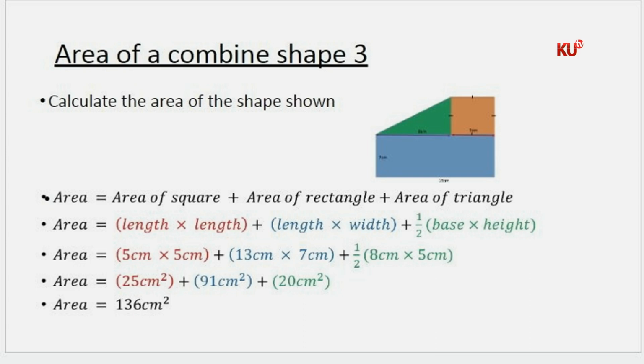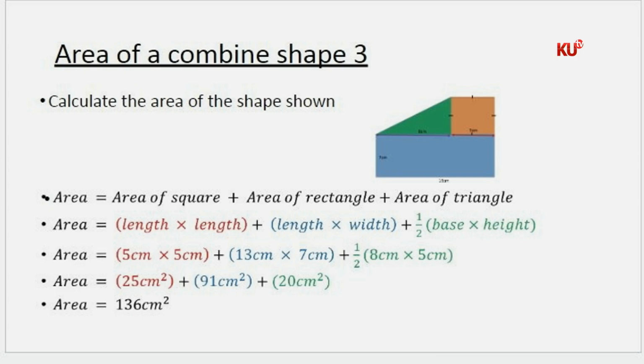So I have shapes A, B, C, where A is the triangle, B is the square, C is the rectangle. And the measurement, as we can see, for the width of the rectangle is 7 centimeters. Then the length is 13 centimeters. For the square, all sides are equal, so this one is 5 centimeters.